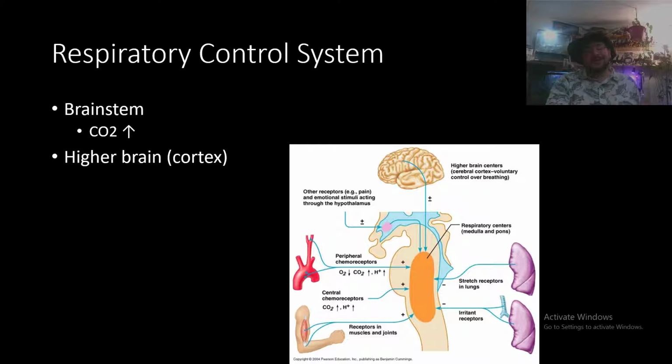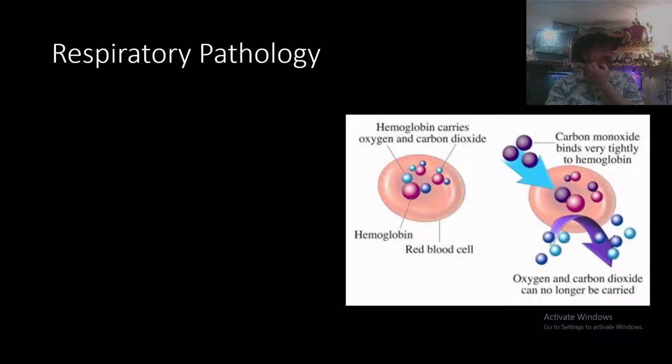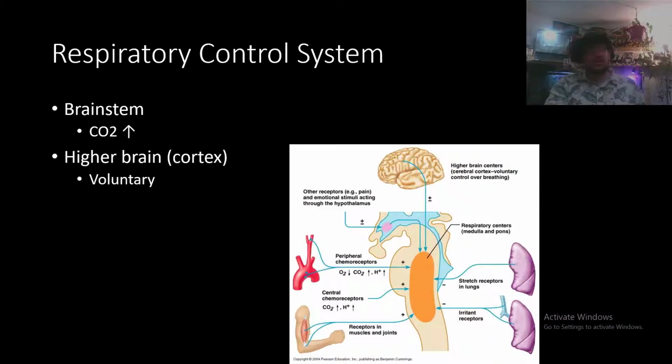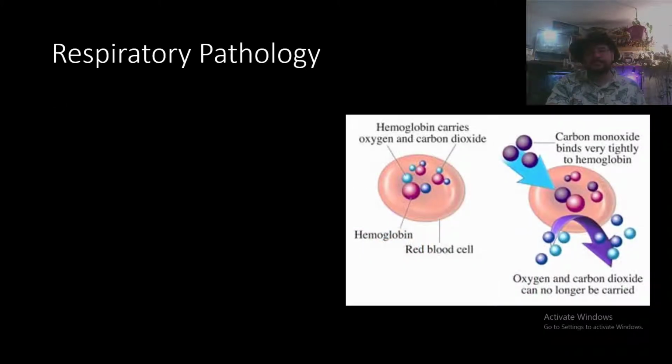So you have voluntary control over the way you breathe as well. I have a friend who decided to use his voluntary control over breathing once to hold his breath until he passed out, at which point his voluntary control stopped and his brainstem took over, and he didn't die because he breathed. Kind of fun.